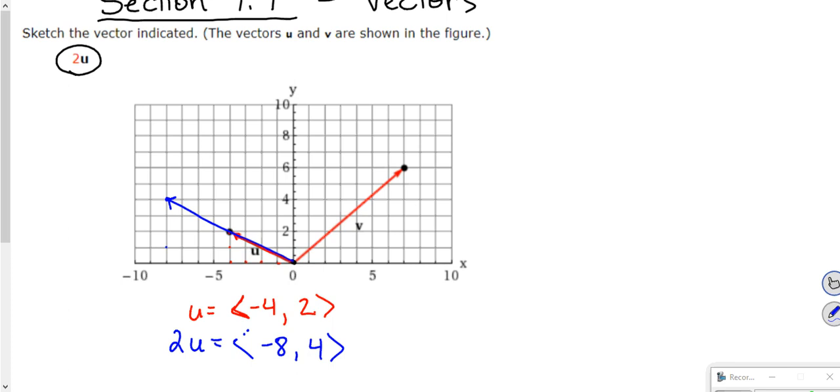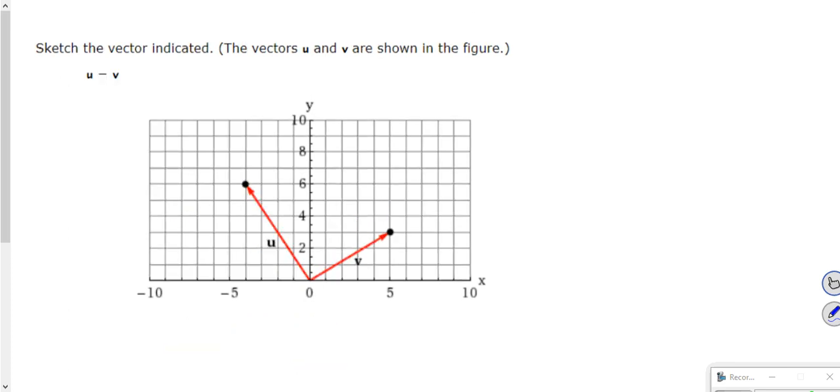Let's keep going. Sketch the vector indicated. The vectors u and v are shown in the figure. Again, I personally think the easiest way to do these is to first find the component form of each vector. The component form of u is, again, we go 1, 2, 3, 4 to the left, and 1, 2, 3, 4, 5, 6 up.